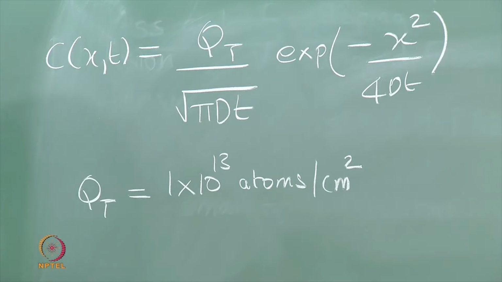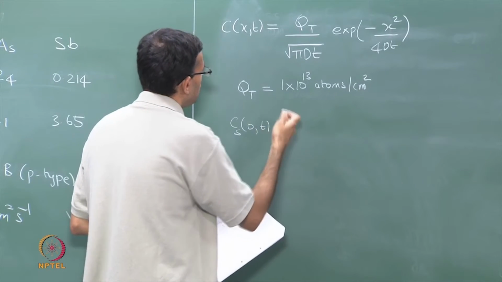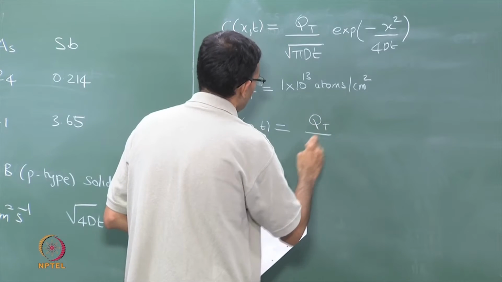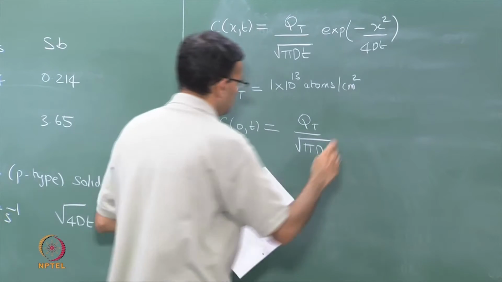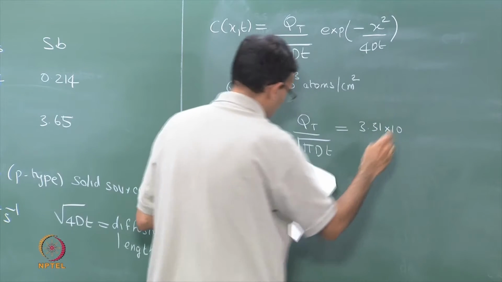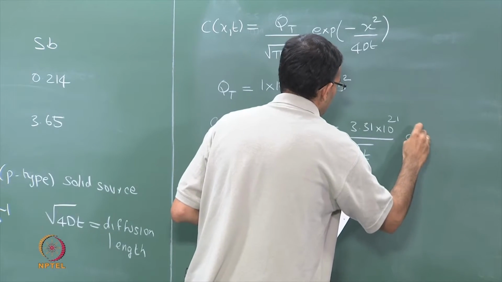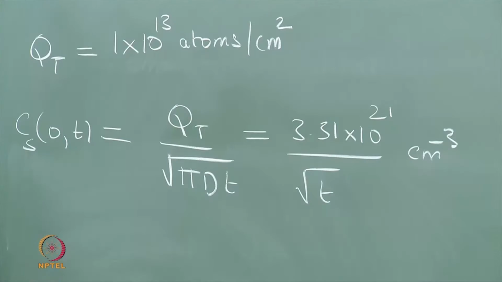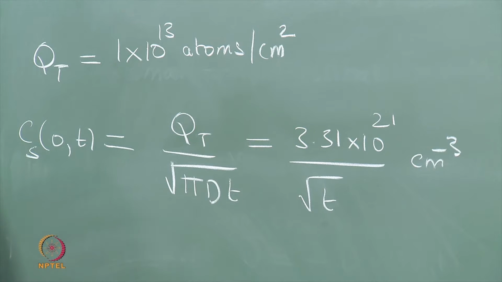This is the total dopant concentration, which is a constant when you start the experiment. If you want to know how the surface concentration changes, x is equal to 0. So this is just Qt over square root of pi Dt. X is 0, so this term is 1. If you substitute the numbers, it's 3.31 times 10 to the 21 square root of t per centimeter cube. So as the material constantly diffuses within the silicon, the surface concentration drops and it goes as the square root of the time.